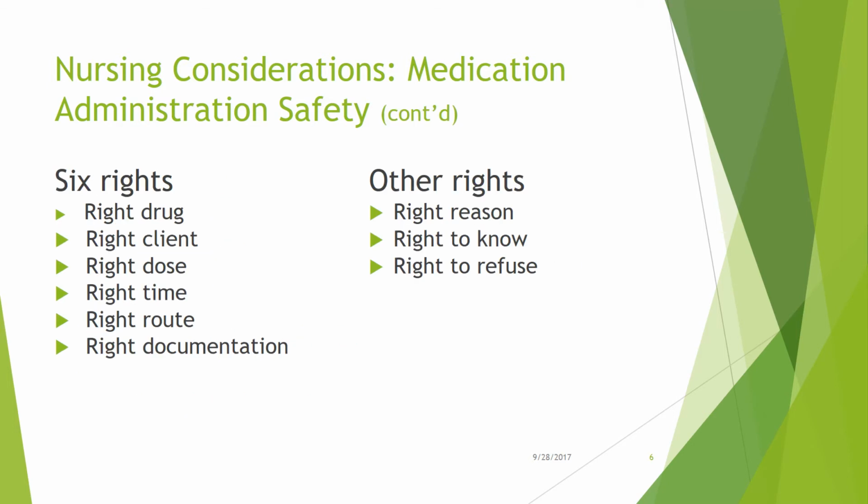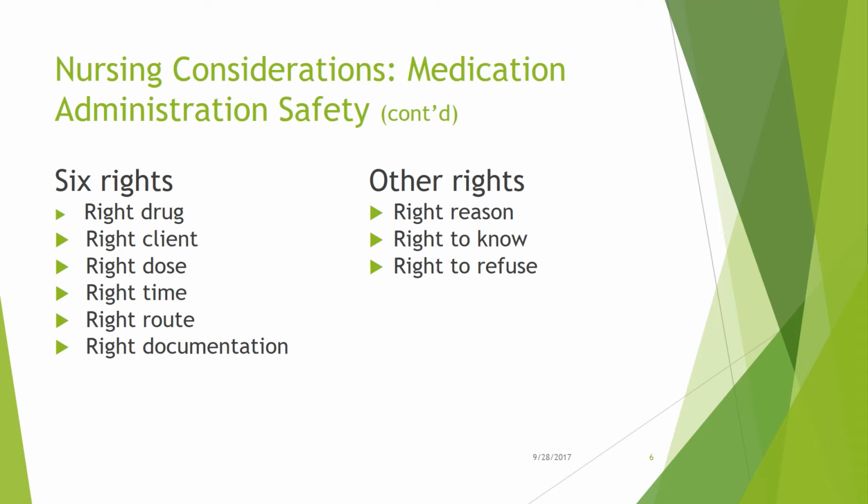And we're going to be asking you what are the rights, and you need to let us know with each drug you're giving that it is the right drug, dose, time, route, and then at the end we'll document. There are other rights. We're giving it for the right reason, and if your doctor has ordered Tylenol for pain and your resident has a fever, then you can't give it for fever.